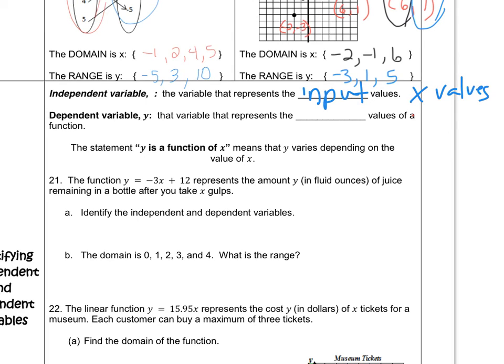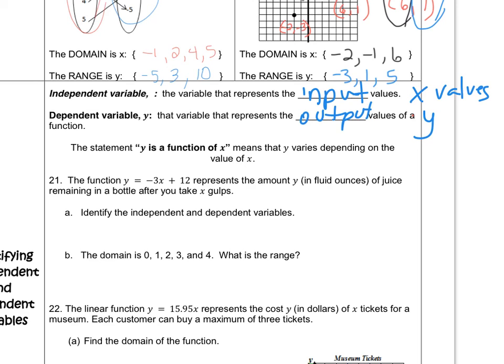And the dependent variable represents the output, or the y values. And in class you'll hear me refer to the poster III CDX. When you get back to class, if you weren't here for the III CDX discussion, ask me about it and I'll show you the independent dependent poster that helps you remember all of this.